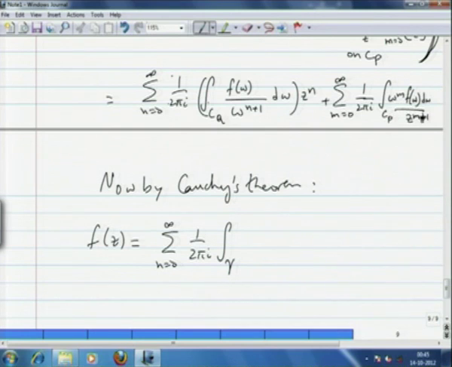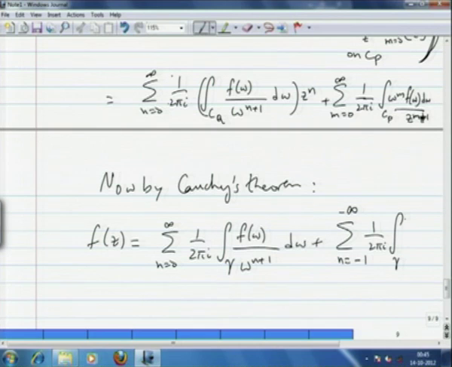So, I am replacing C q with gamma, okay, f of w by w power n plus 1 dw, okay, plus integration from n equals minus 1 through minus infinity, whichever way, 1 by 2 pi I integration over gamma of f of w, I will say z power m divided by w power n plus 1 dw.